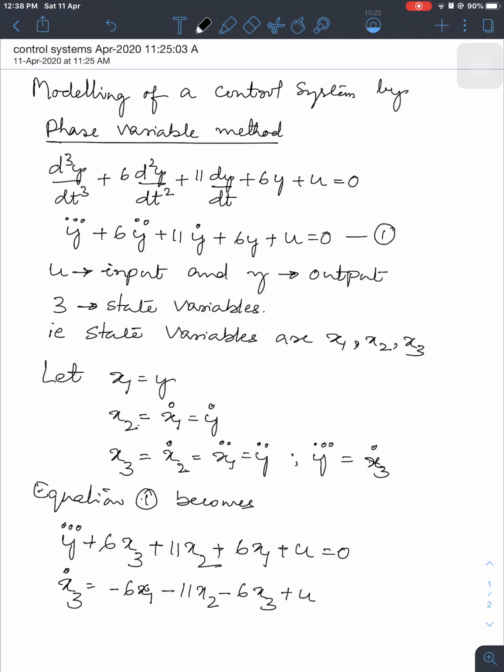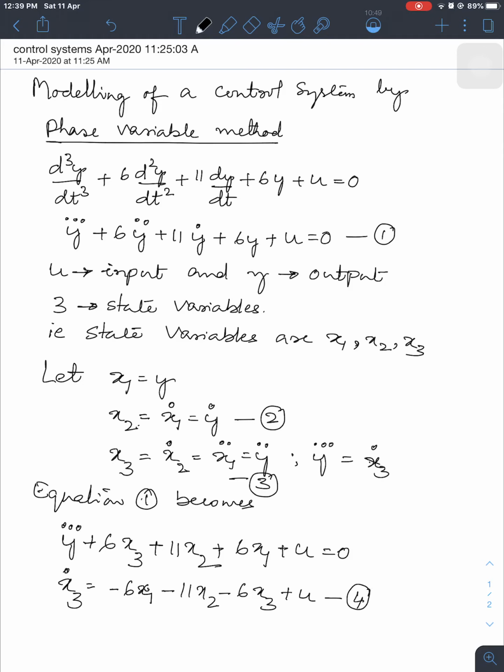Now we look at these equations. That is, x1 dot equal to x2. This is our equation 2. x2 dot equal to x3 is equation 3, and this is our equation 4.